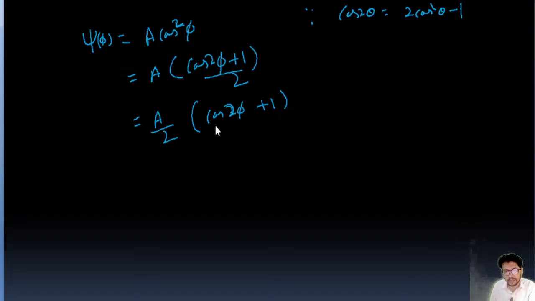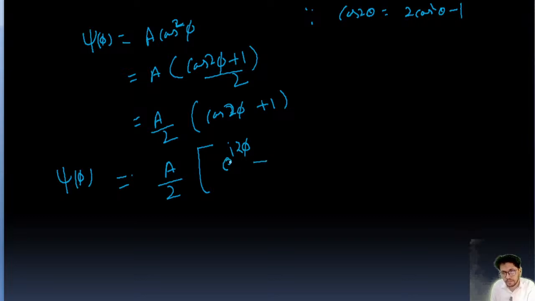And we need to find all the possible outcomes of measurements of the Z component of angular momentum, that is Lz. So it is very simple, you just need to know the procedure. Cos 2 phi we can write as (e to the power i 2 phi plus e to the power minus i 2 phi) by 2, plus 1, right?